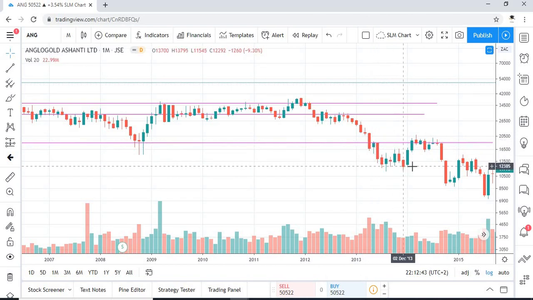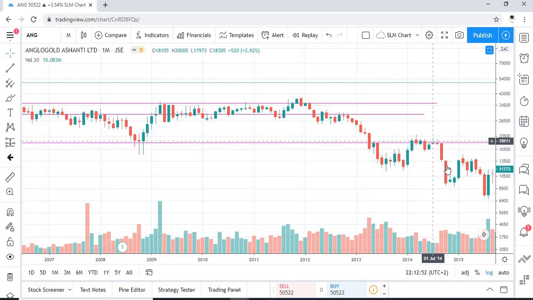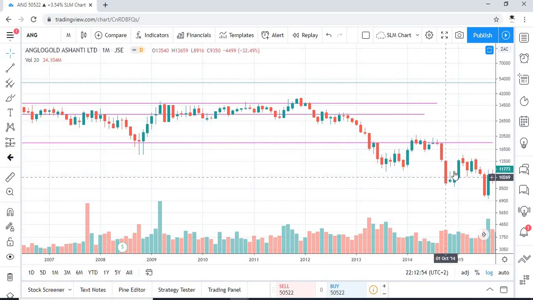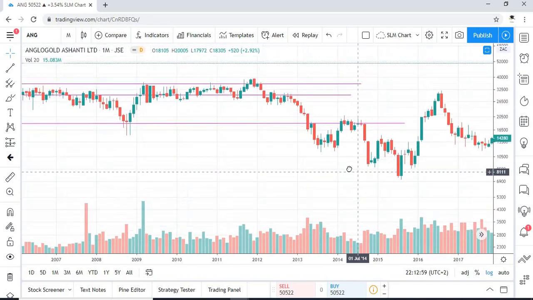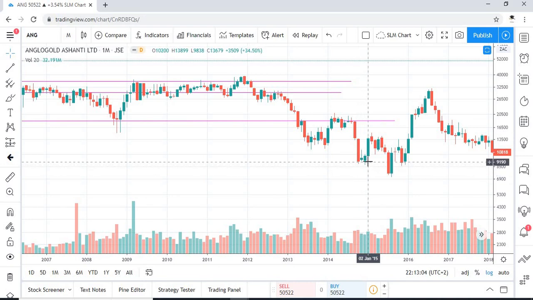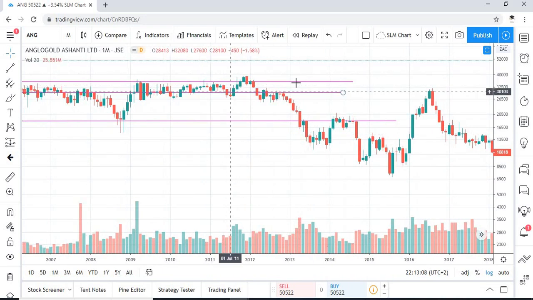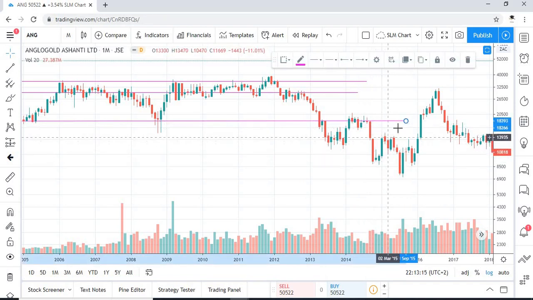Then the price came down and established this point here, which we might want to consider as a temporary support level, but which did not hold for much longer, and the price kept going down. So here we might consider it as a potential level of support as well, but we just want to see what these prices that we have established are going to do in the future.